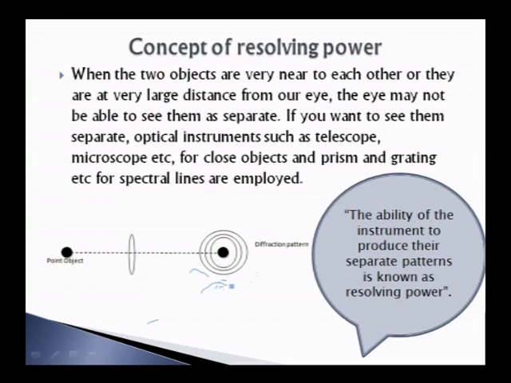Now, to understand the resolving power, whether there are really two objects, or if it is a single object, what is the separation between them. So, Rayleigh has given his criterion.